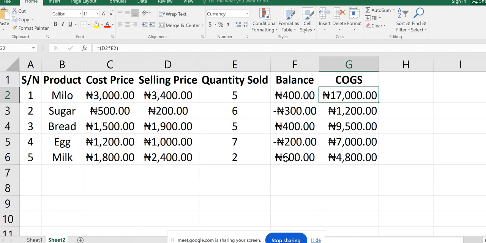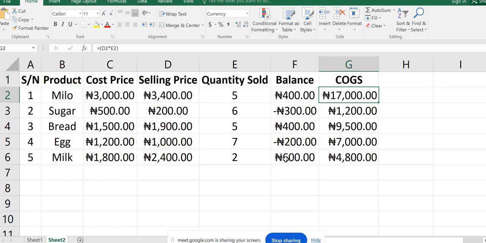So, I went to the market, as the business owner, and I bought this product, this Milo, for 3,000 naira per one. Are you getting what I'm saying? The cost price per one is 3,000 and I bought five quantities.